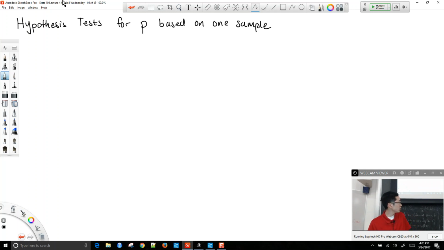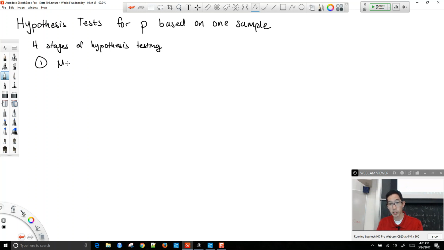But today we're going to get into the steps of carrying out a hypothesis test. In this case, we're going to look at the first one, hypothesis test for P, the population proportion based on one sample. And we'll say 4 stages of hypothesis testing. We can list them off.